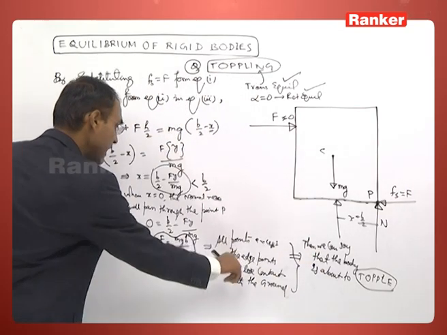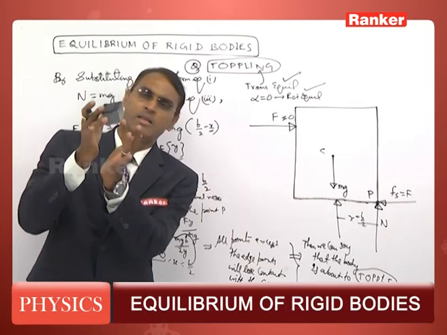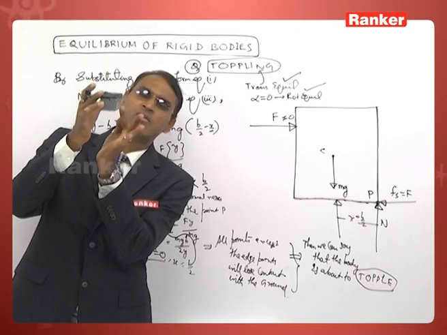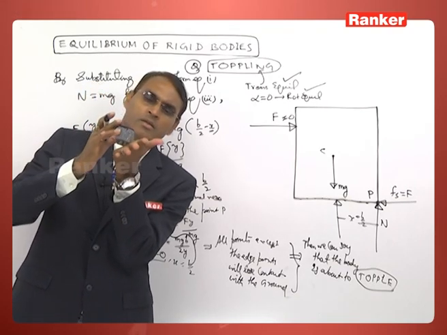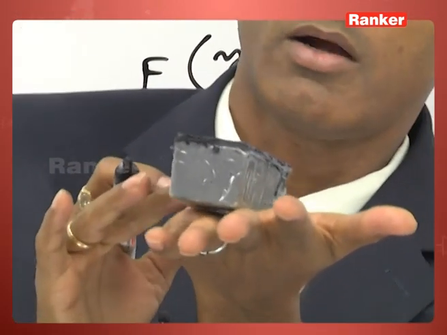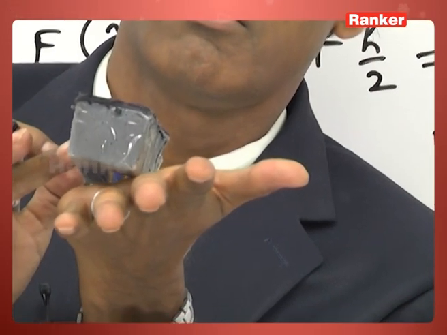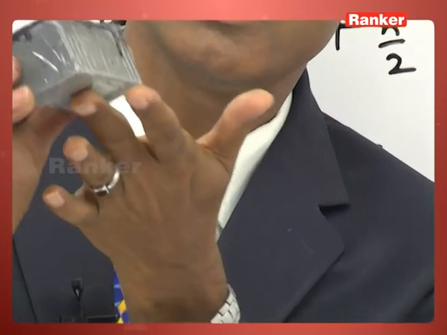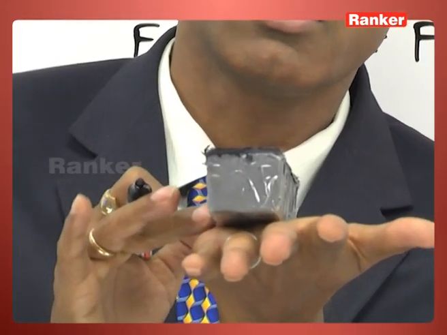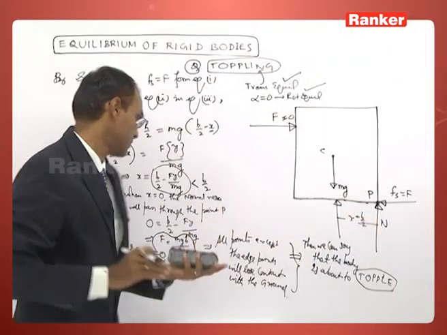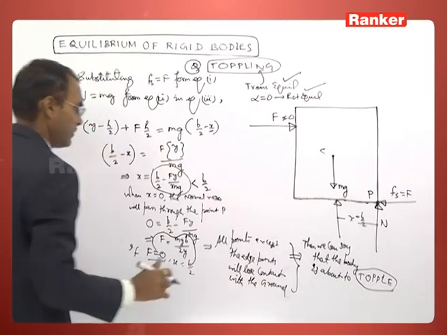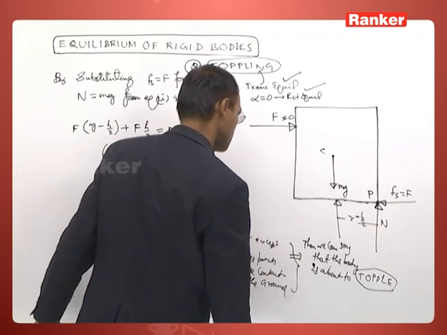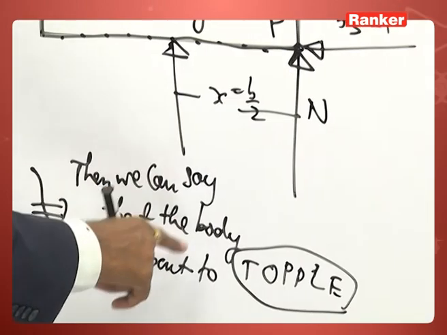All points except the edge points. These are all the points on this edge are called edge points. This edge is in contact, but other part of the base of this rigid body will lose contact with this horizontal surface. Well, we can say that the body is about to topple.